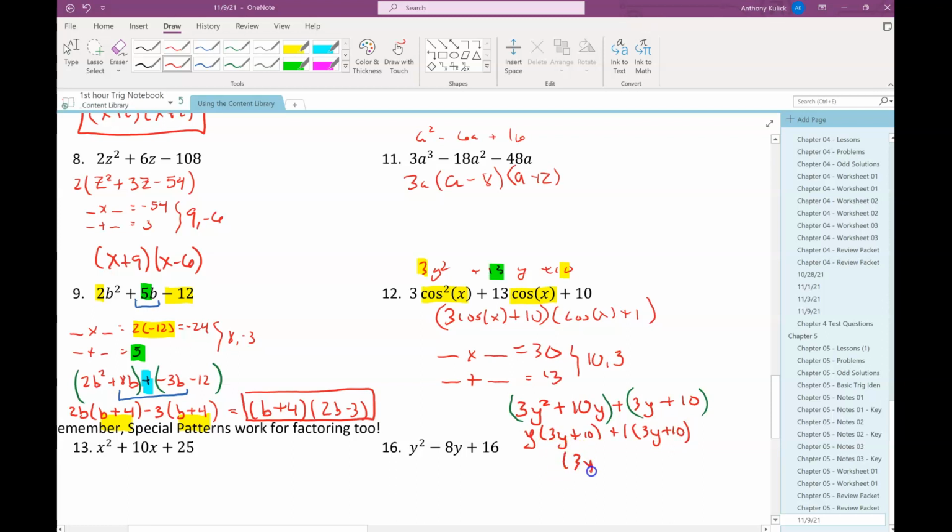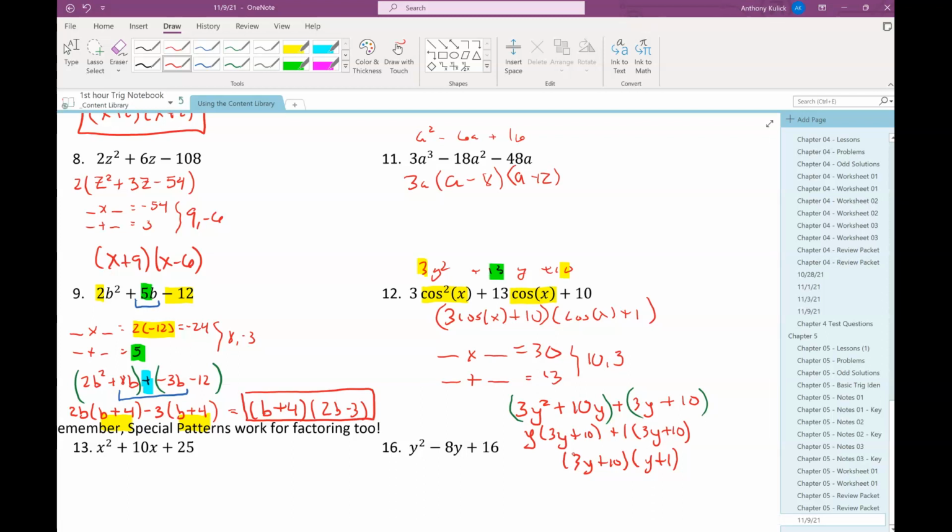Both of them have a 3y plus 10, so when I take that out, what's left is just the y plus 1. Does that feel okay there?